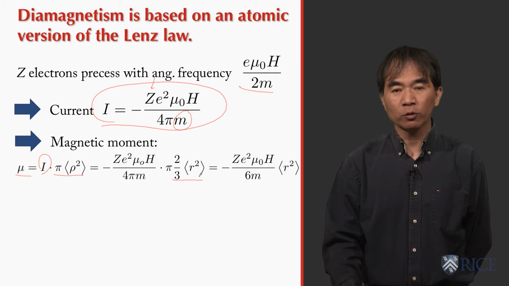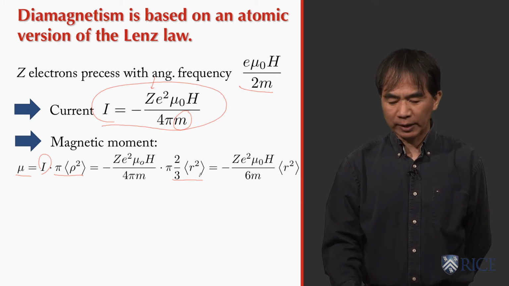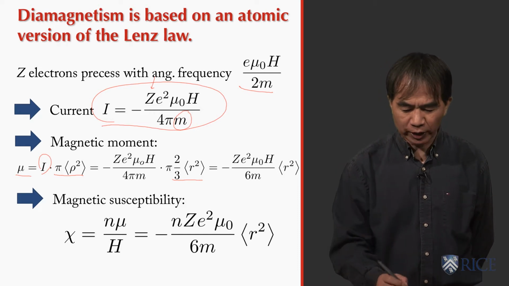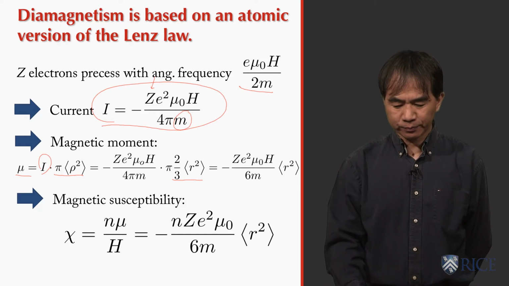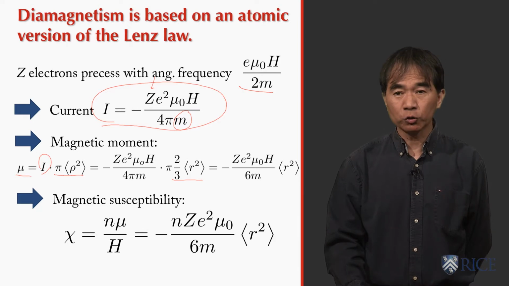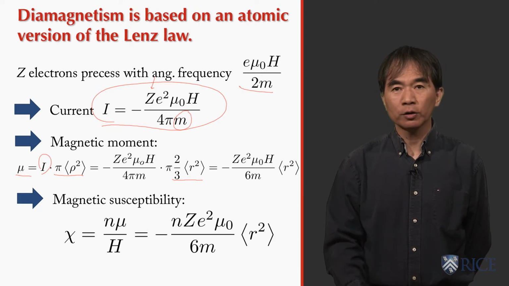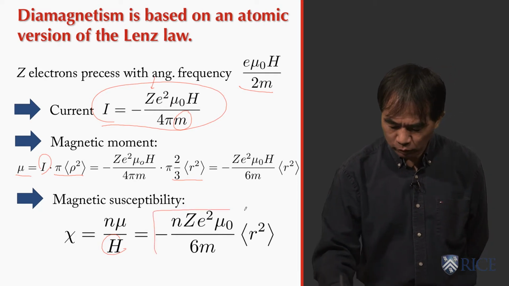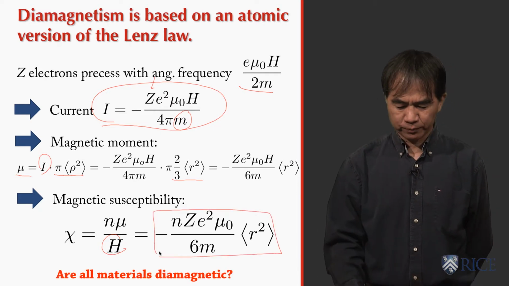As we said earlier, we will derive this in detail in the later session. With this, we can calculate the magnetic susceptibility of a system, which equals the magnitude of the magnetic moment divided by H, and in this case we arrive at the equation like this.